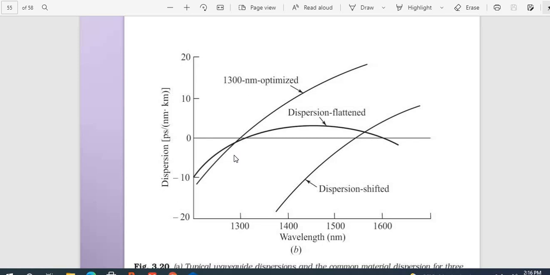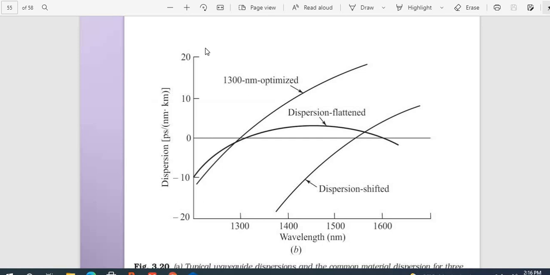The axes are wavelength in nanometer and dispersion in picoseconds per nanometer into kilometer. Nanometer is for wavelength, kilometer is how much distance it travels. We have to consider both. The reference point is the origin; downside we take -10, -20, upper side +10, +20. It is 1300 nanometer optimization.